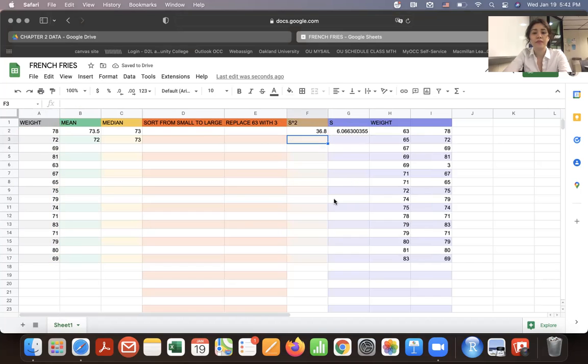If I write it down here, S squared is the variance, which is 36.8. So if I take the square root of 36.8, because I want S, I get 6.067.